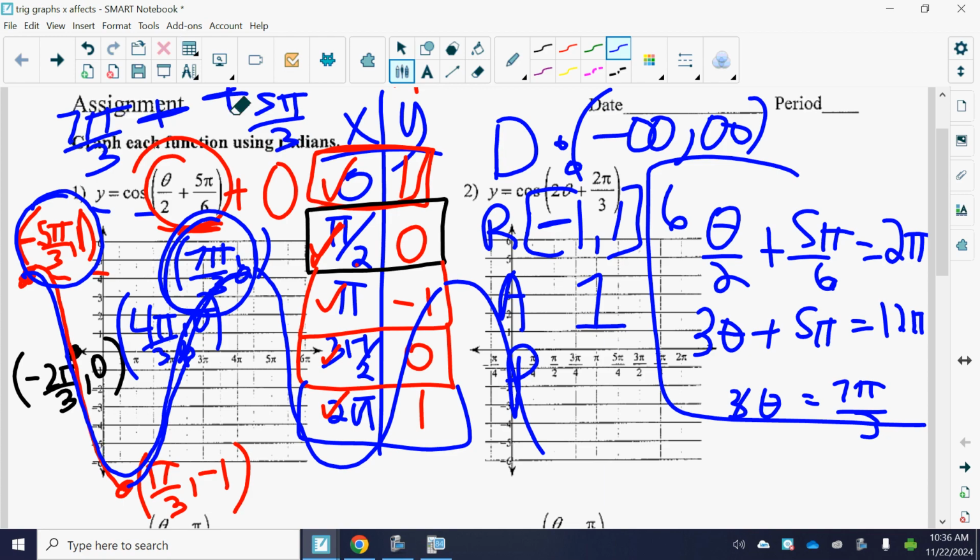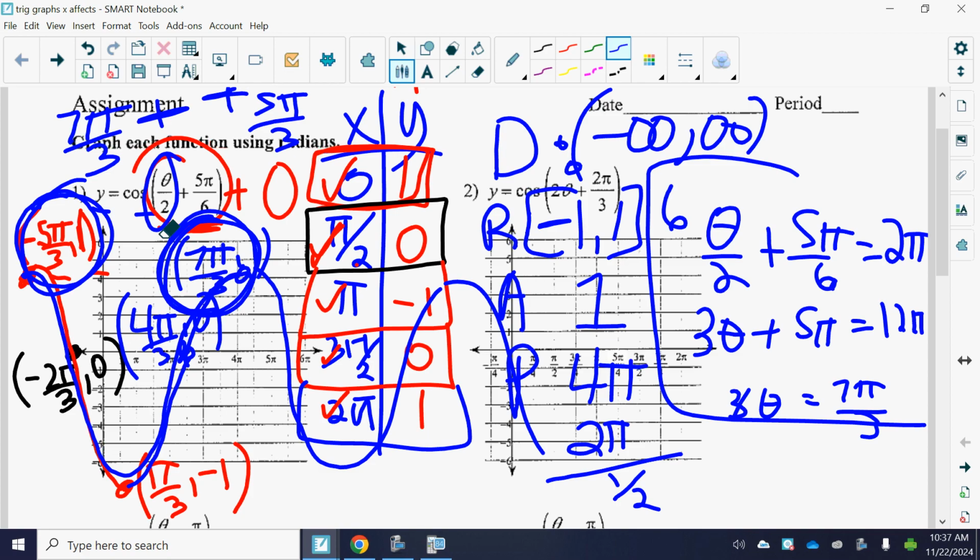Minus a minus is a plus. 7 plus 5 is 12 thirds. 4 pi. I got an easier way to do it. Take the normal period 2 pi and divide it by the multiplier. In this case, the multiplier was 1/2. What's 2 divided by 1/2? It's 4 pi long. Get it? The way I did it first is to subtract the time, huh?